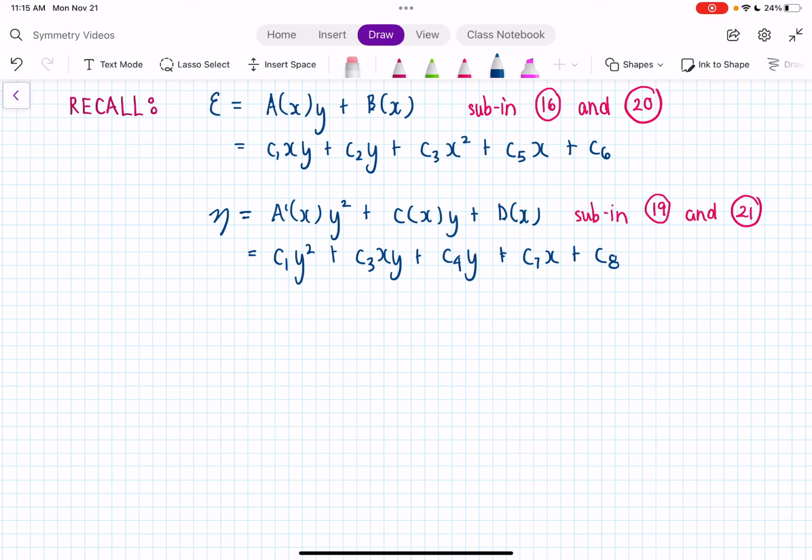So from here, to get our symmetries, we literally just look at my constants. So if you think of it like each constant will count as a symmetry. And so we kind of gather those terms.